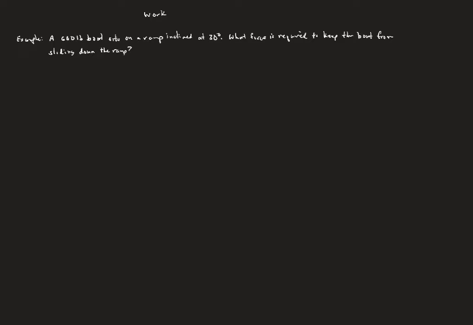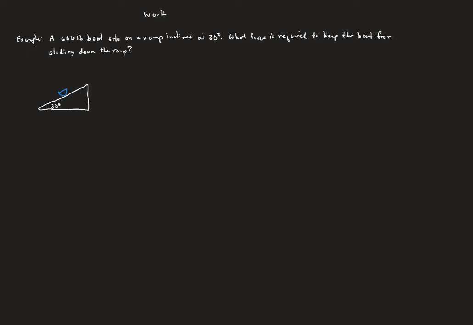So let's see if we can draw a picture here. So here is our boat ramp, and this will be our boat. Whew, such artistic talent. This is a 30-degree angle down here.